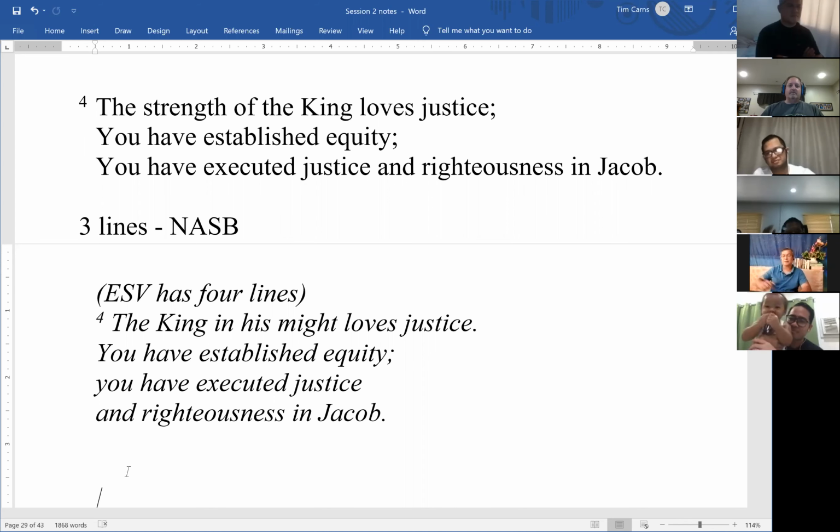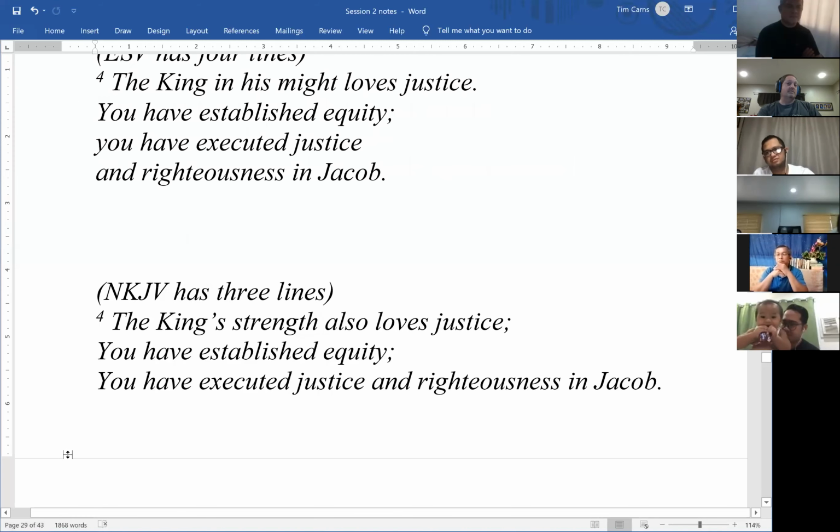For the most part, the New American Standard, the ESV, and the New King James are the best ones to use for this exercise, and they will usually agree. If not, I look at which of those three translations agree. In this case, the New American Standard and the New King James agree, so we're going to go with that.